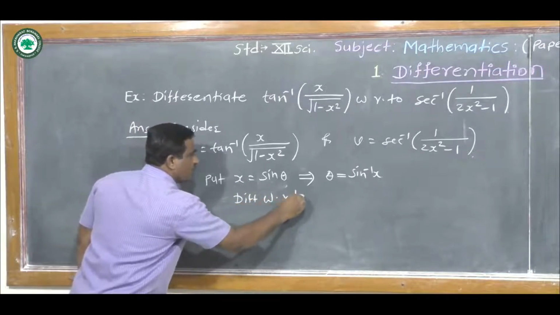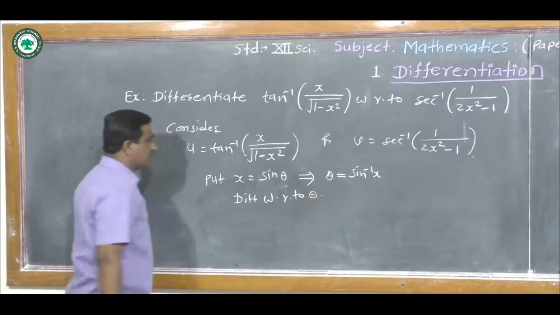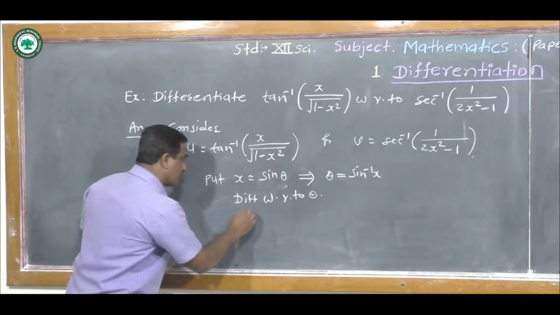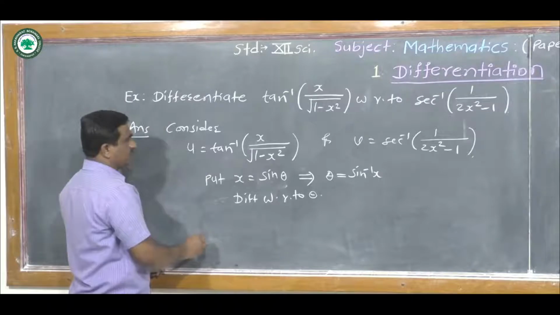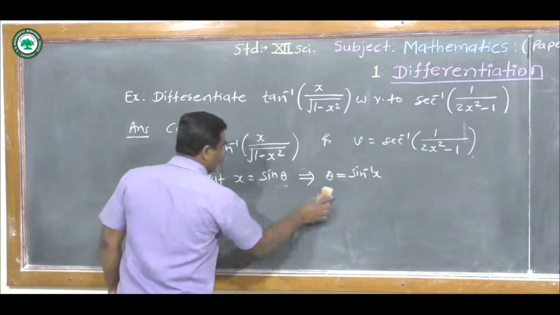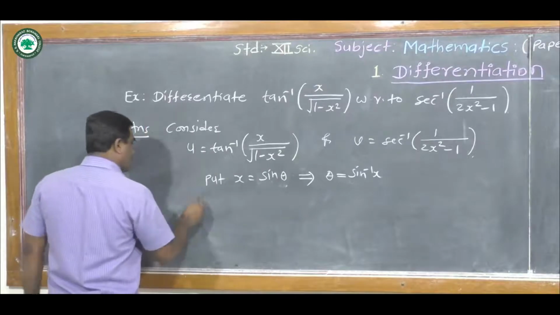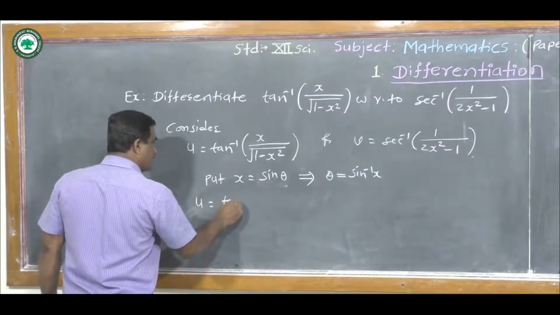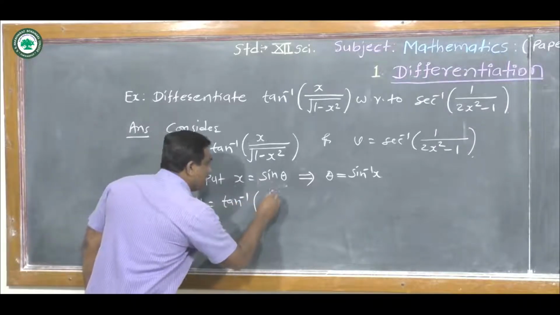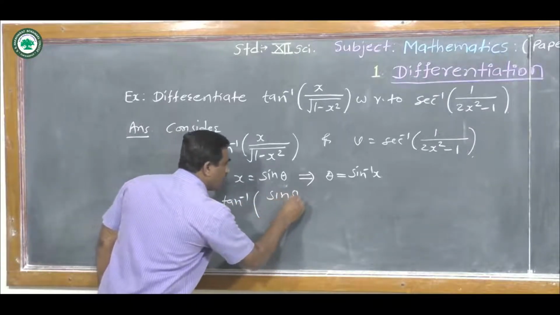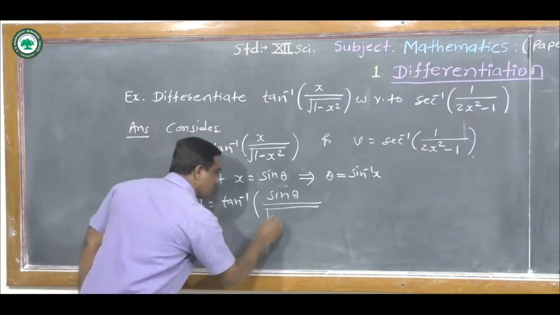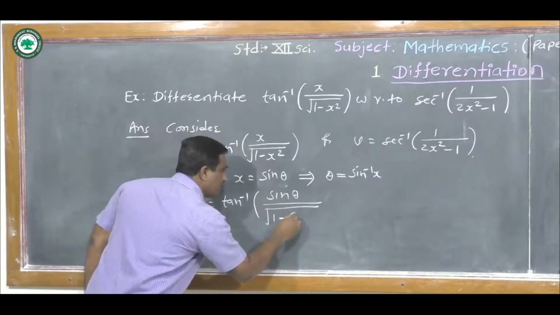Put the value of x equal to sin theta, then we get u equal to tan inverse of sin theta upon under root 1 minus sin square theta.